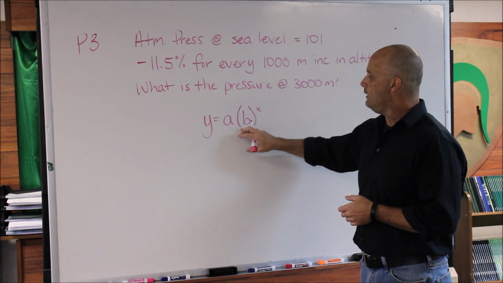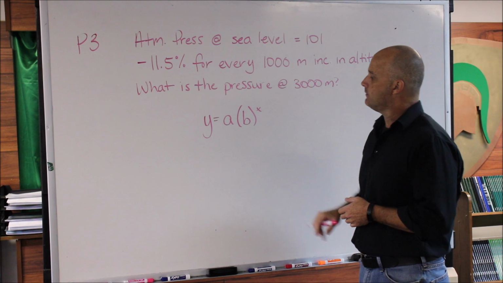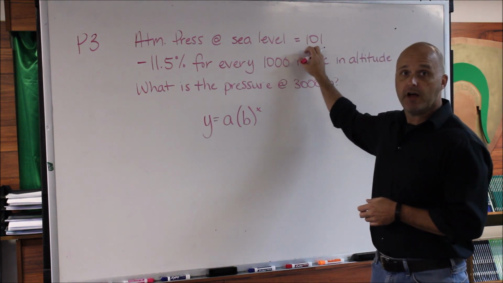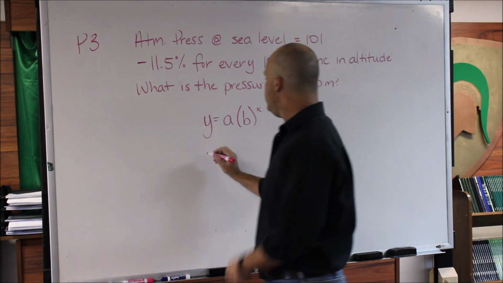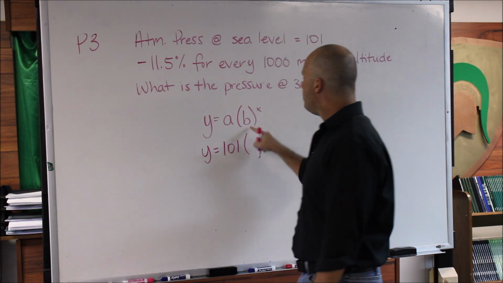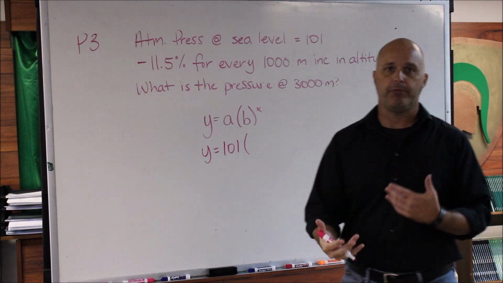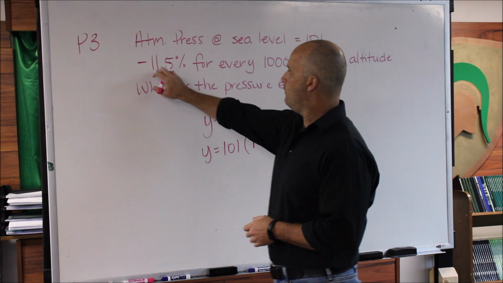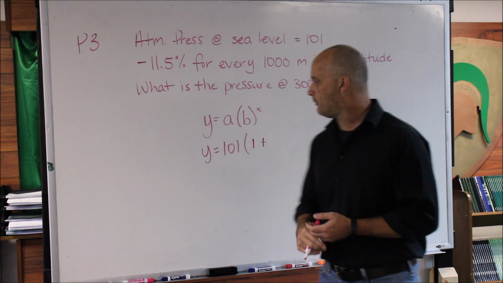So we got y equals a times b to the x. Now our initial pressure is 101, so this is going to be our a value. So y equals 101. But then for b, we've got to find out what our growth or decay rate is. So we're going to go 1 plus, and then we've got negative 11.5%.